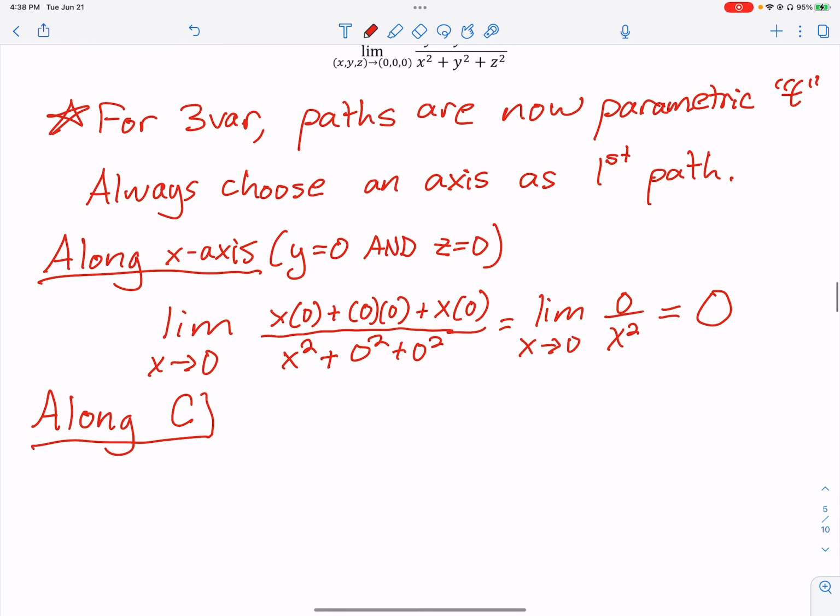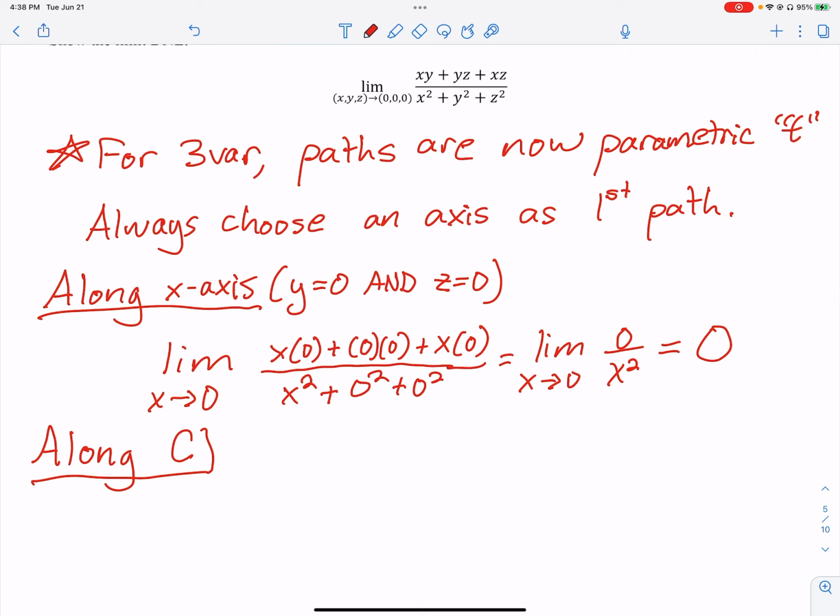What path it's going to be is we are going to create a parametric equation to help us out. Now, what I'm looking at is the degree thing again. I'm going to let x equal some form of t, y equal some form of t, and z equal some form of t, and I would really like to match the degrees. Well, an easy substitution I always try first is what if I just let them all be t.